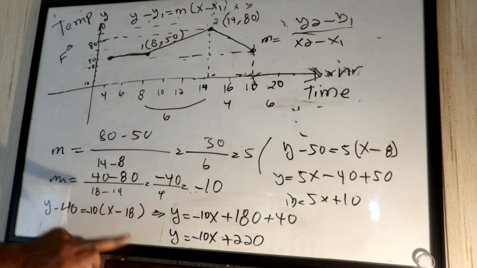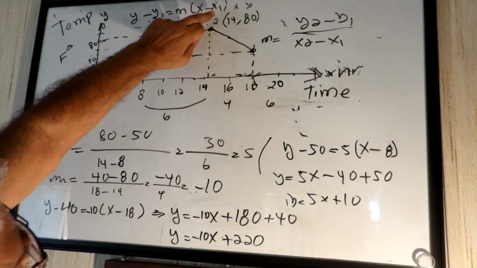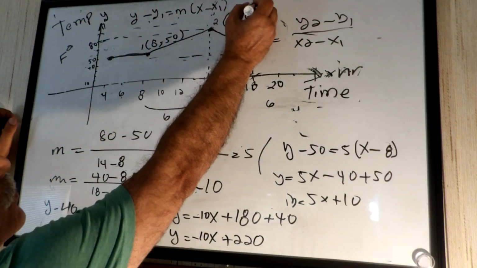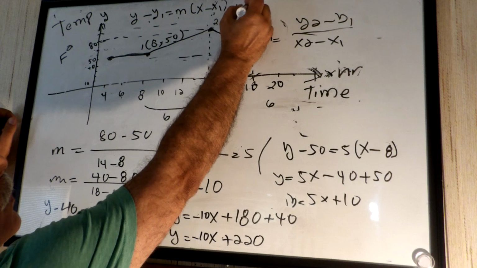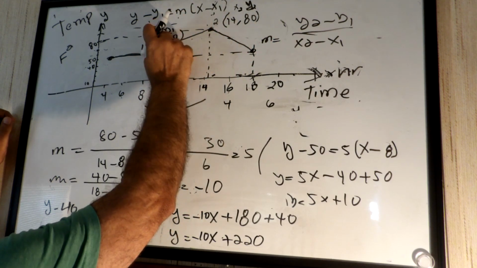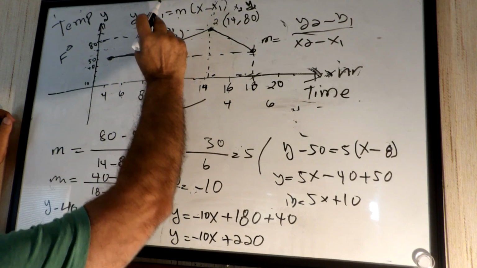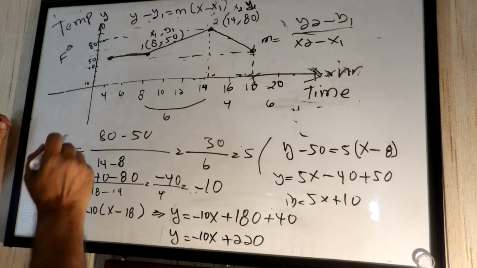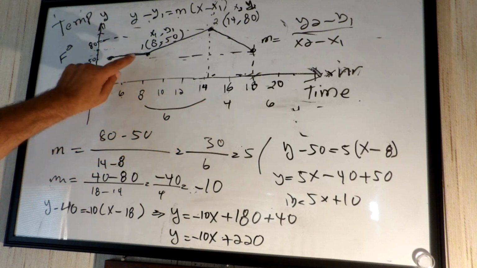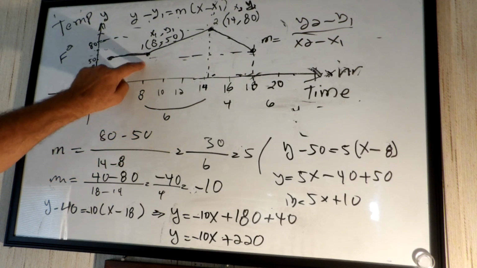And then x2 is 14, minus x1, which is 8.